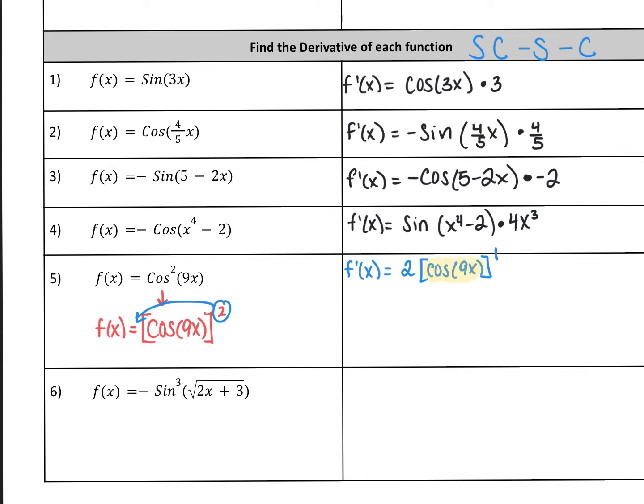So the derivative of cosine of 9x, well, the derivative of cos is negative sine. So we're going to multiply by negative sine of 9x. But we have to take the derivative of the 9x. So the derivative of 9x is just 9. So this is a good example of the chain rule, and then inside your derivative is a trig function.